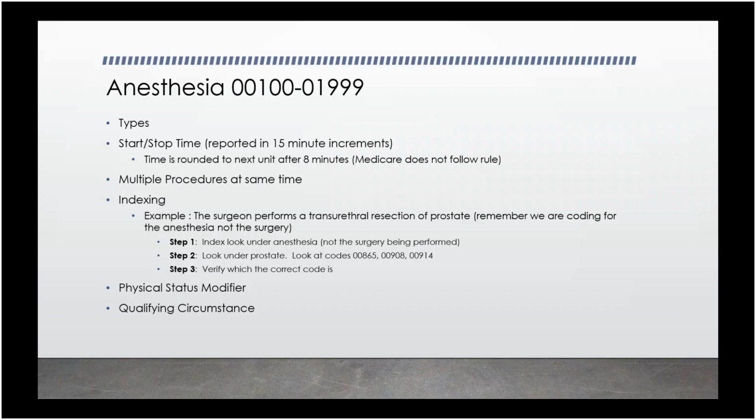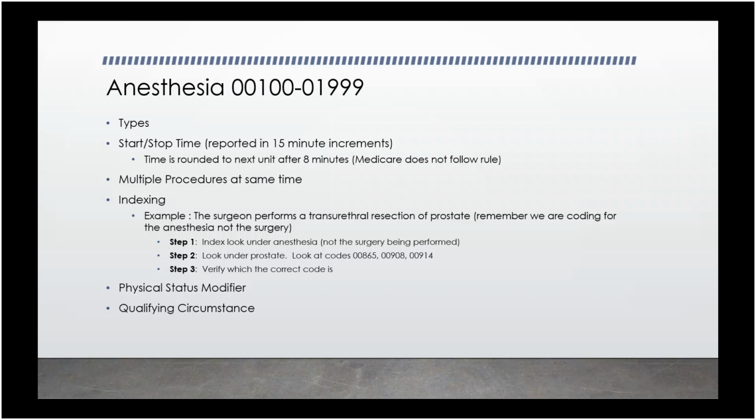You could possibly look just in the anesthesia chapter to determine the correct code. However, a lot of times the procedures are listed in the index, and it will send you to the correct code in the front, in the tabular. So what you'll want to do is you'll want to index to look that up.